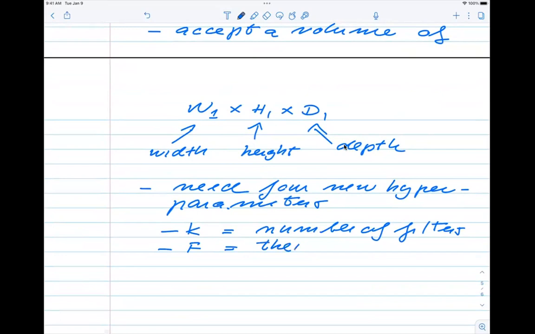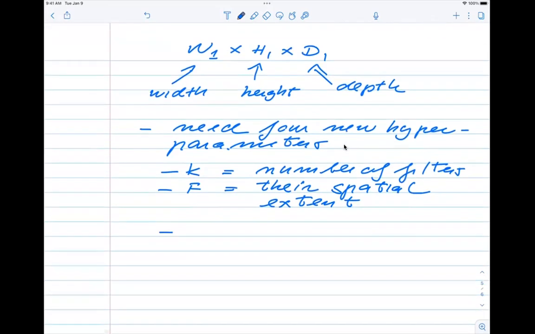So the filters are normally taken to be given by square matrices. And the typical spatial extent is to have a filter of dimensionality 5 times 5 or 3 times 3. These are the most common filters which are used in many of these convolutional neural networks. Then we have the stride.